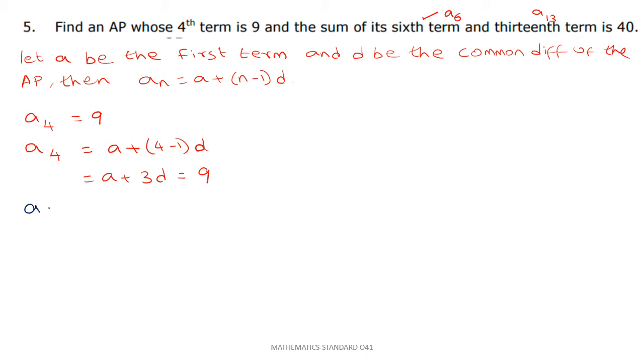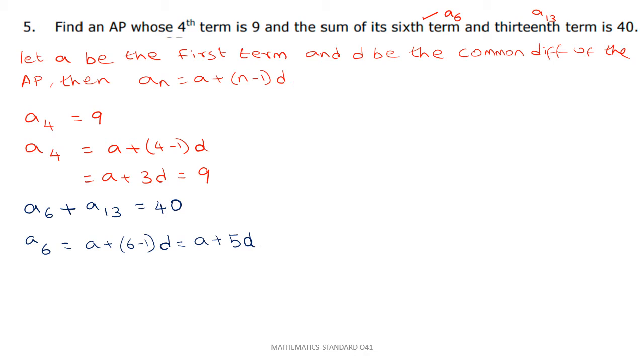So A6 plus A13 equal to 40. So again take the same general equation, children. So A6, what will be A6? It will be A plus 6 minus 1 times D, which will give you A plus 5D.